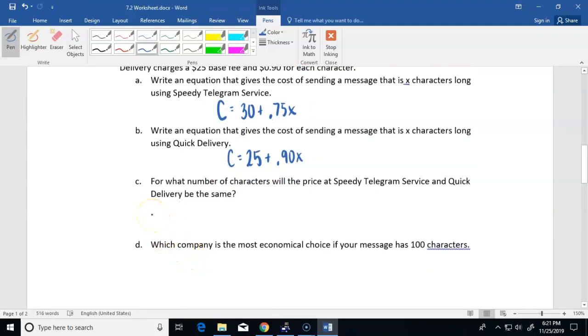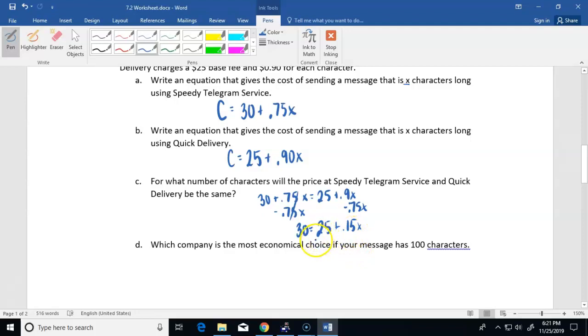Part C says, for what number of characters will the price at Speedy Telegram Service and Quick Delivery be the same? So to see when these are the same, we set them equal to each other. So we'll have 30 plus 0.75x equals 25 plus 0.9x, and we will subtract that 0.75x. Okay, so we get 30 equals 25 plus 0.15x.